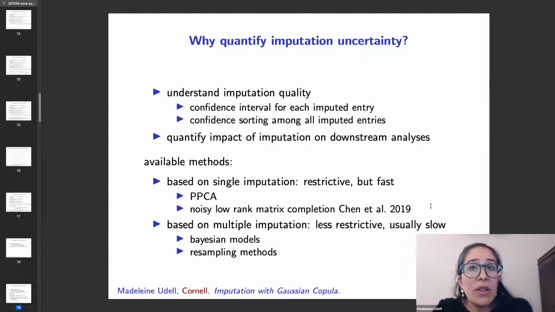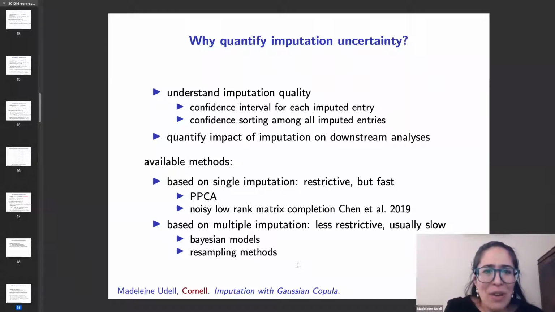Available methods fall into two categories. One is based on single imputations. These might be things like probabilistic PCA or noisy low rank matrix completion. And there are some methods based on multiple imputation. The way that these usually work is you resample from your data. You take bootstrap samples of your data, you fit a model to each bootstrap sample, and then you perform the imputations on each bootstrap sample.